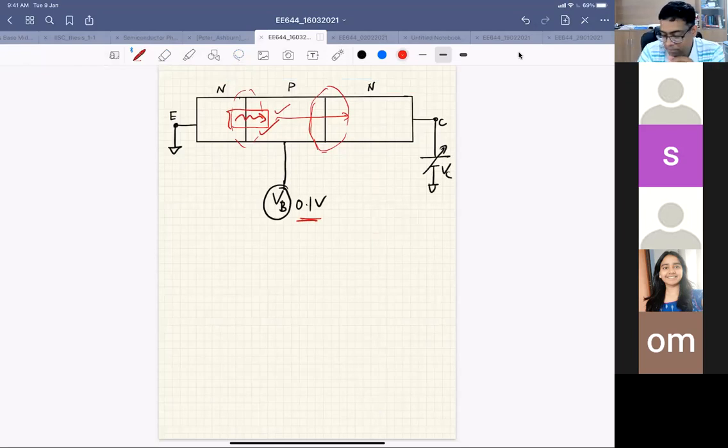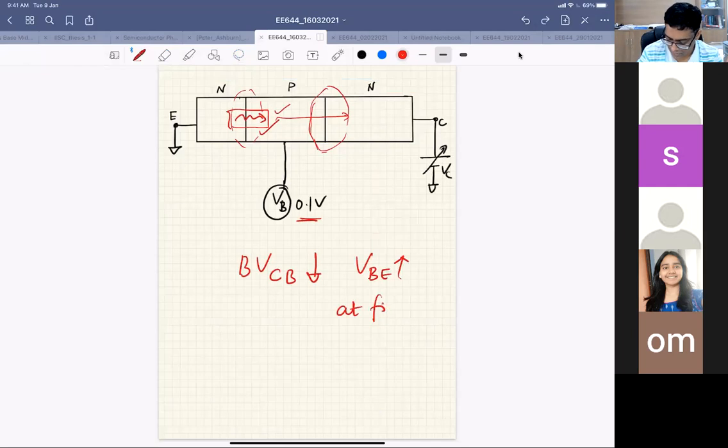So as you increase your VBE, your breakdown voltage will reduce a little bit, but that is not BVCBO. By definition, BVCBO is when your emitter is open.